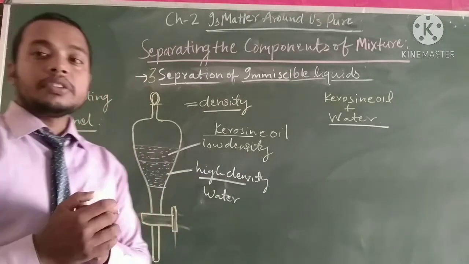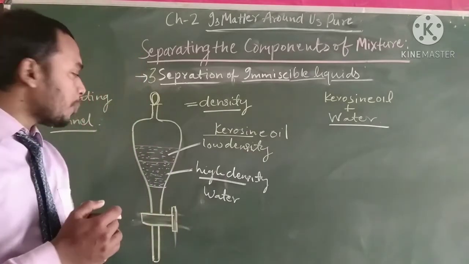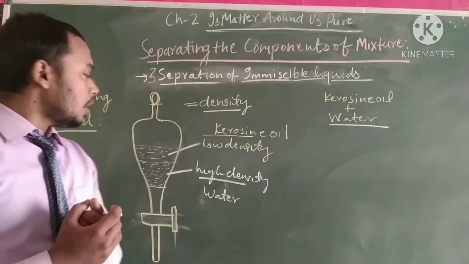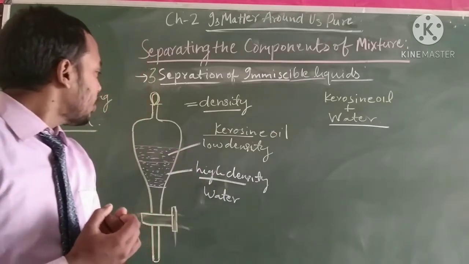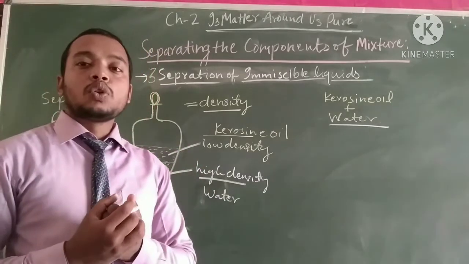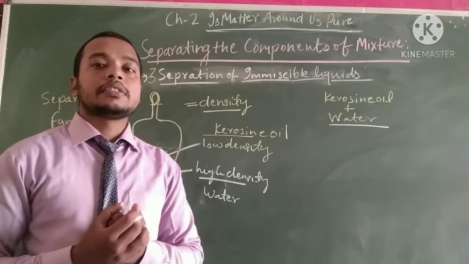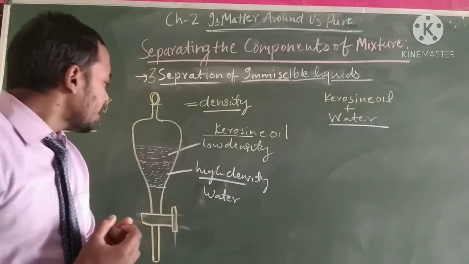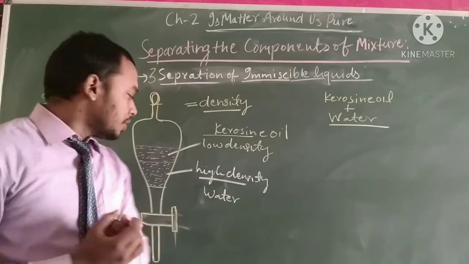So in the lower portion the high density liquid is layered, and in the upper portion the low density liquid is formed. Both form separate layers: on the upside the low density kerosene oil, and on the lower side the high density water.